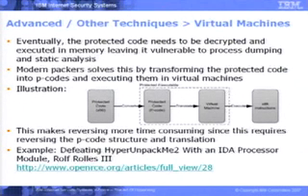Modern packers try to solve this by transforming the protected code into P codes and executing them in a virtual machine, so that you will not have the original x86 instructions in the file.